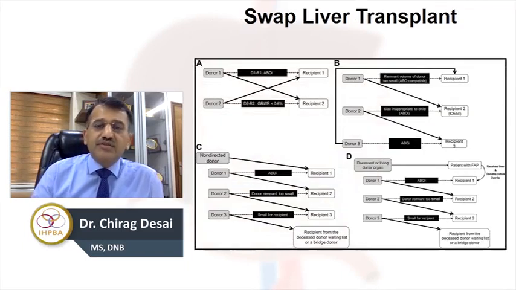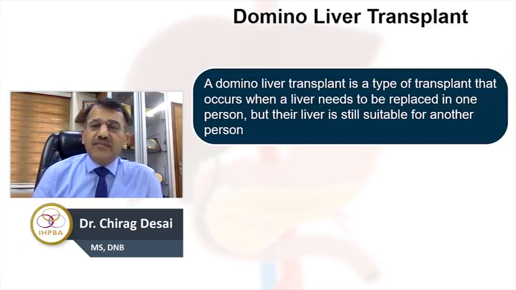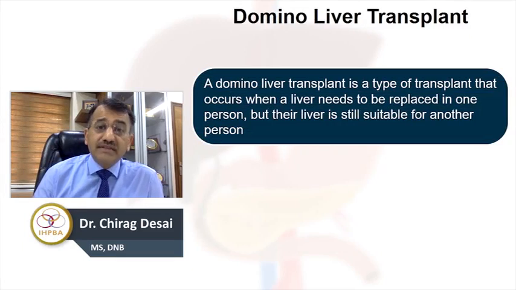These are the various situations and types by which swap liver transplants are done and the donor livers are swapped. A domino liver transplant is a type of transplant that occurs when a liver needs to be replaced in one person, but this liver can be used in another person.